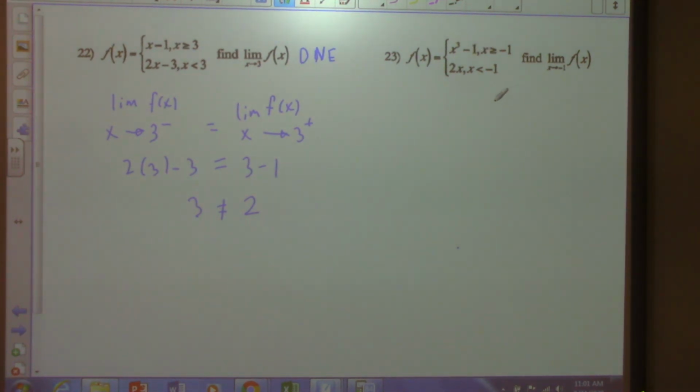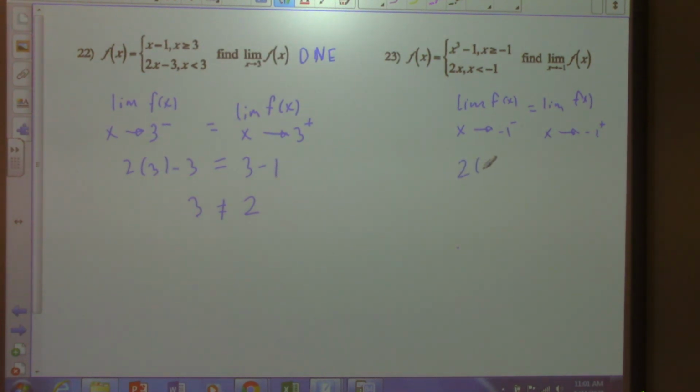Nice. Because the limit as x approaches -1 from the left of f of x equals the limit as x approaches -1 from the right side of f of x. So the left side is this guy right here, right?